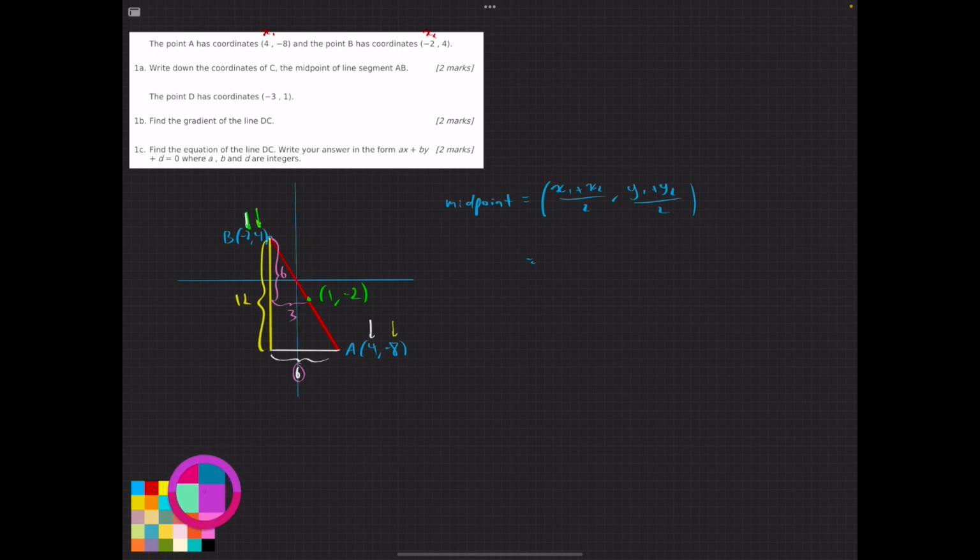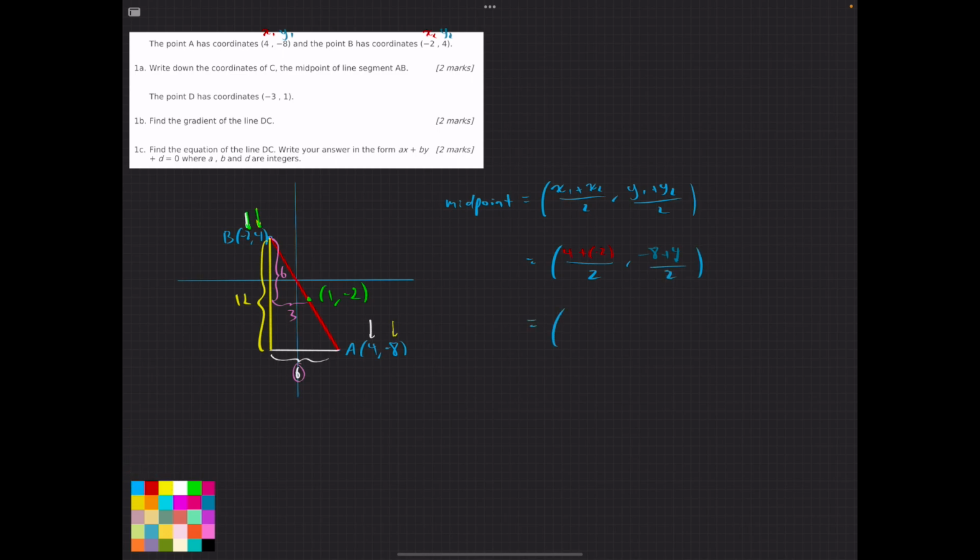I suppose this will do. y1 and y2. So setting this out, we can go ahead and write out 4 plus -2 all over 2, and then our y-coordinates are going to be -8 plus 4, doesn't need any brackets, all over 2.